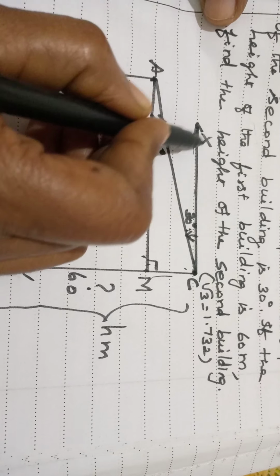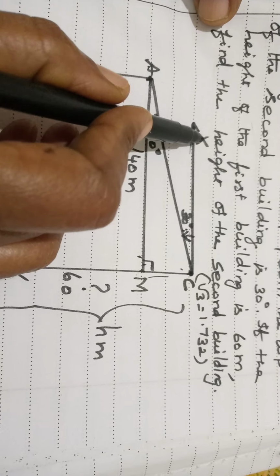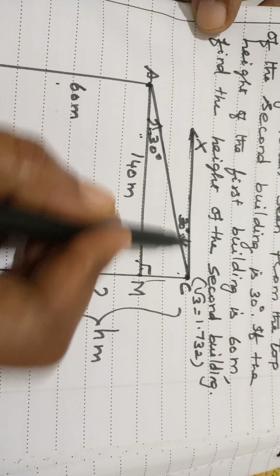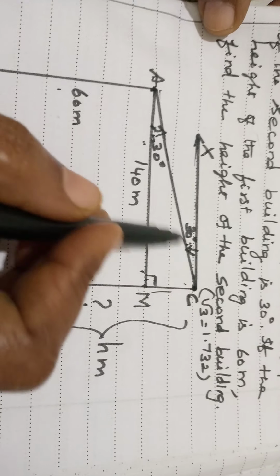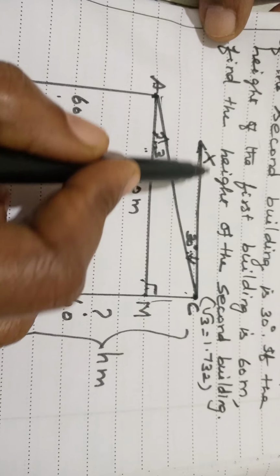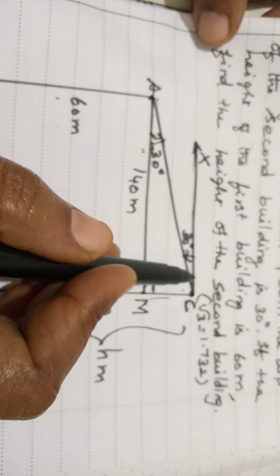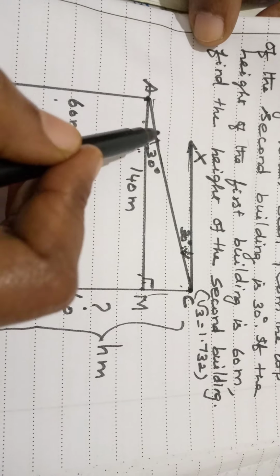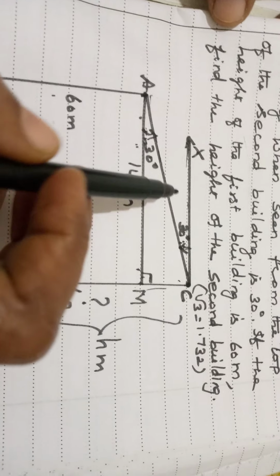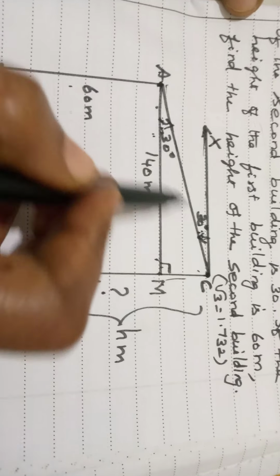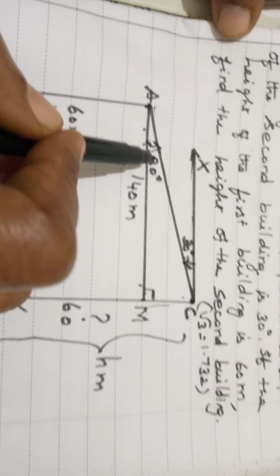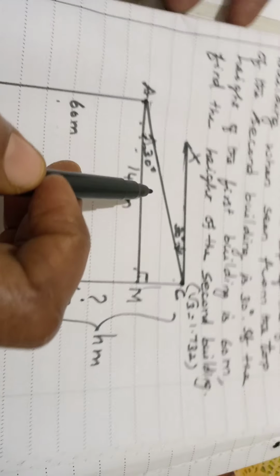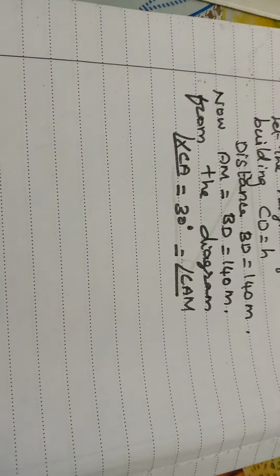This line we have to give X. This angle XCA equals CAM. Both will be equal, alternate angles. You know angle of depression is given. So this horizontal and line of sight, both angles are alternate angles. Alternate angles always will be equal. So if it is 30, this angle also will be 30. This one we can consider as angle of elevation. Both angles are 30 degree.